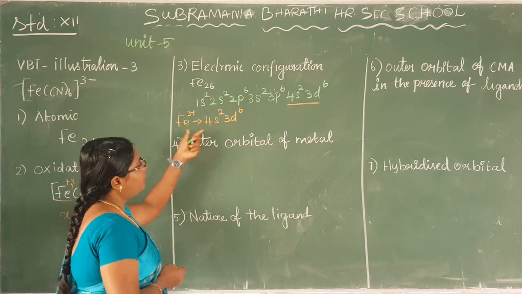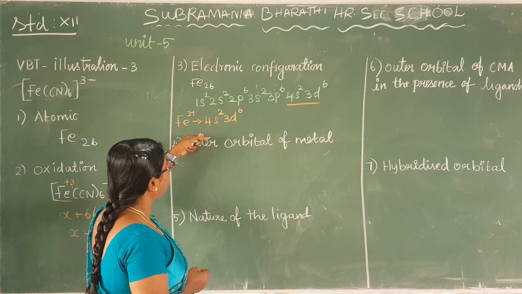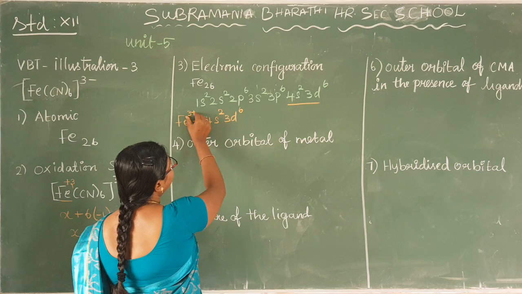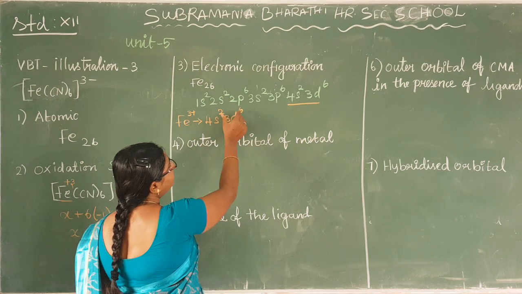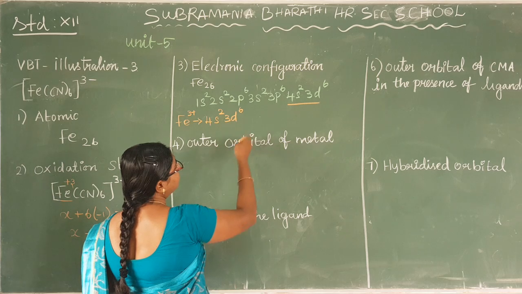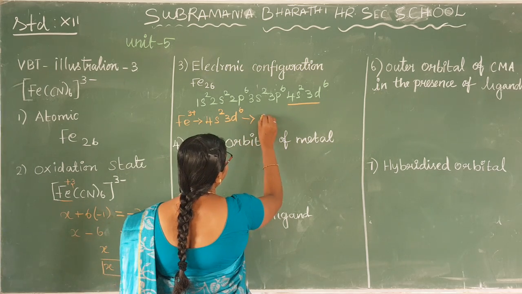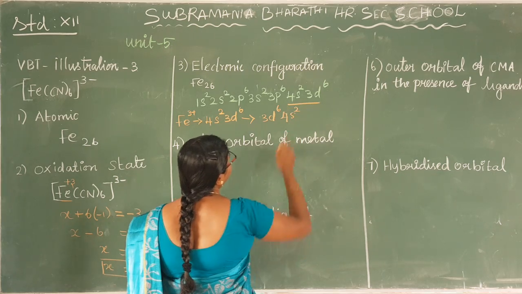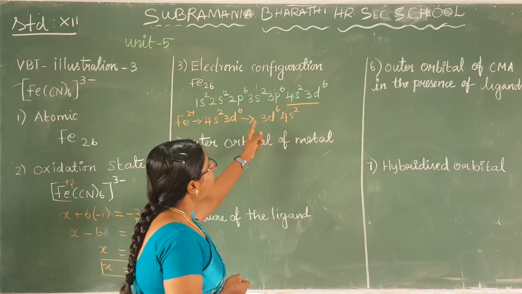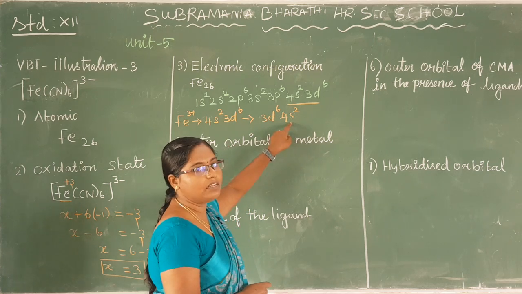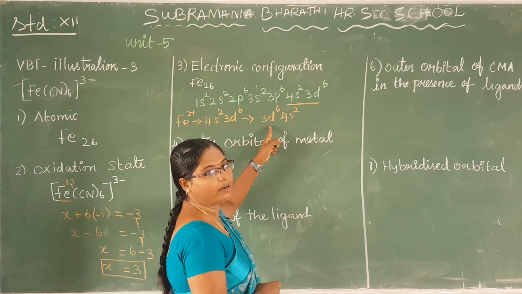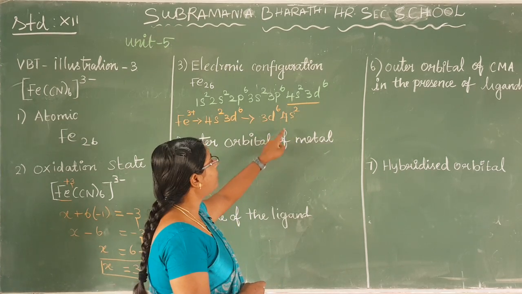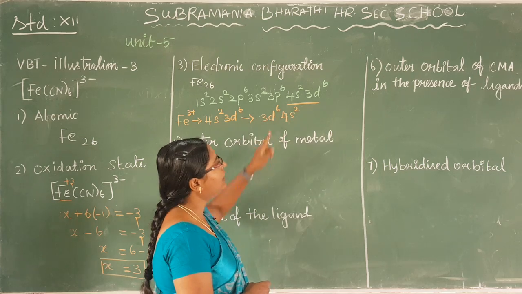If it is 3 plus, I have to remove 3 electrons from this. Let me write 3d6, 4s2. Removing an electron from the s orbital is very easy compared to the d orbital, so first we remove electrons from the s orbital, then we go to the d orbital.